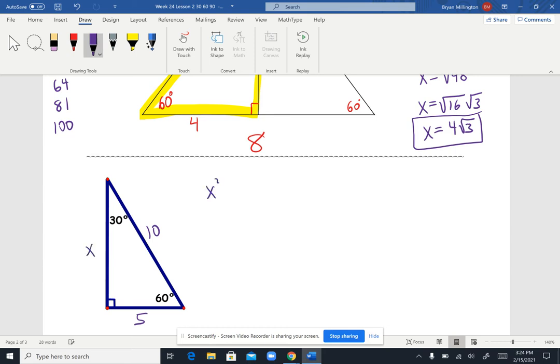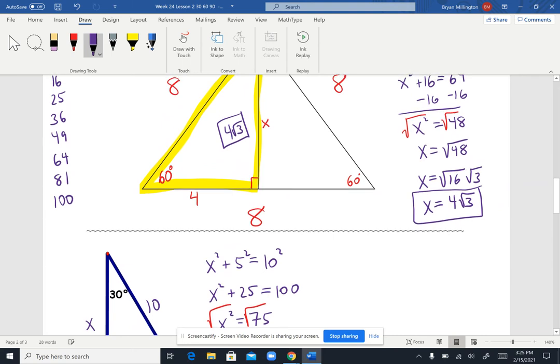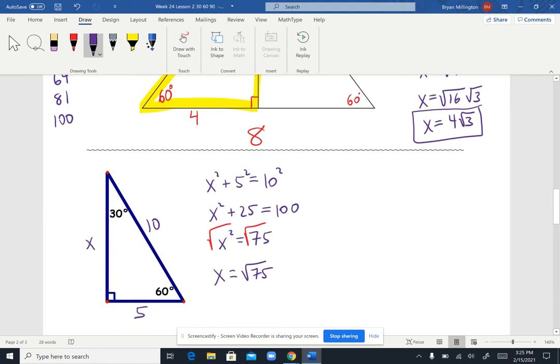x squared plus 5 squared equals 10 squared. x squared plus 25 equals 100. Subtract 25 from both sides, you get x squared equals 75. You take the square root of both sides, you get x equals the square root of 75, which again, you look at these perfect squares, you might notice that 25 goes into that.